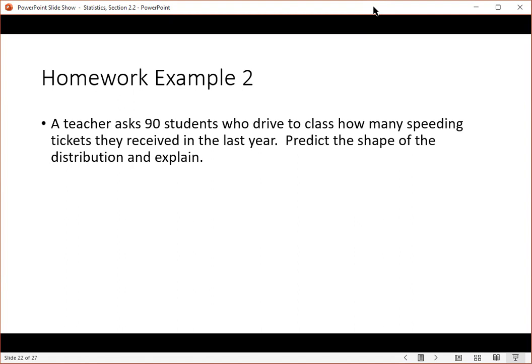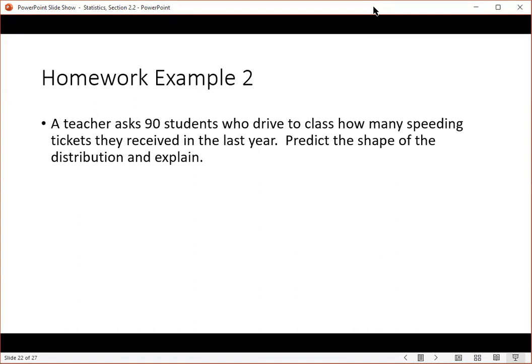All right, and then next we would have some students who did get a speeding ticket, but not terribly many. So maybe out of 90, you'd guess 5, 6, 7 got 1 speeding ticket. And then in every class, there's probably some wild students who drive really fast and do get a lot of speeding tickets. So you might have 1 or 2 students who have 2 or 3 speeding tickets.